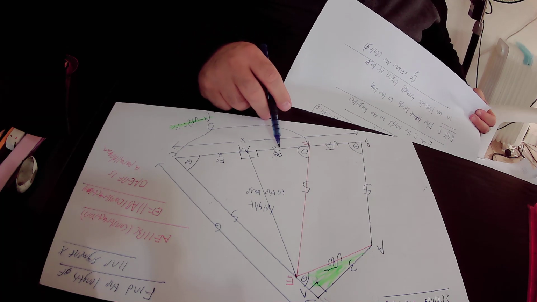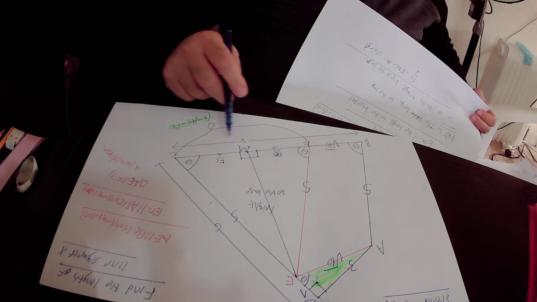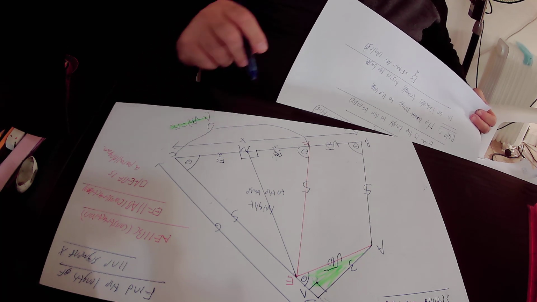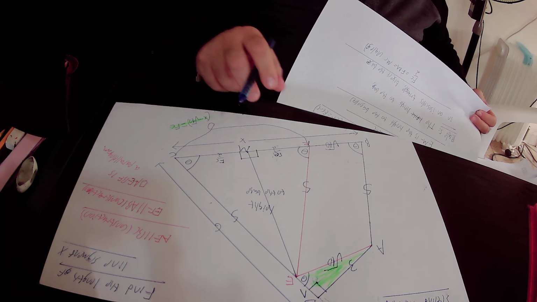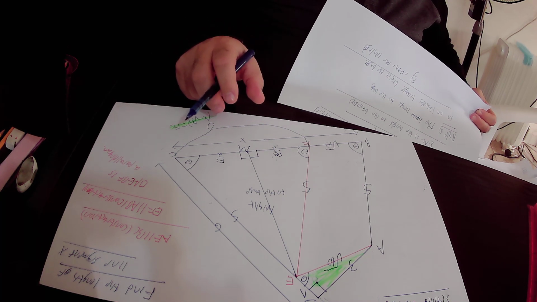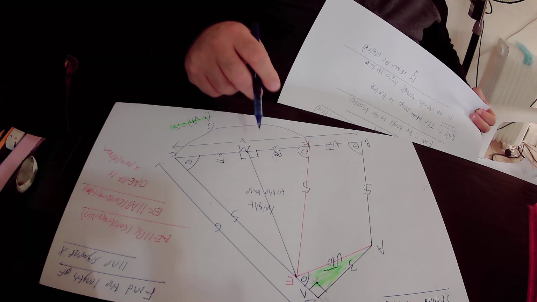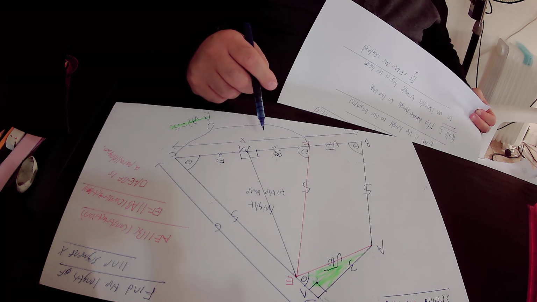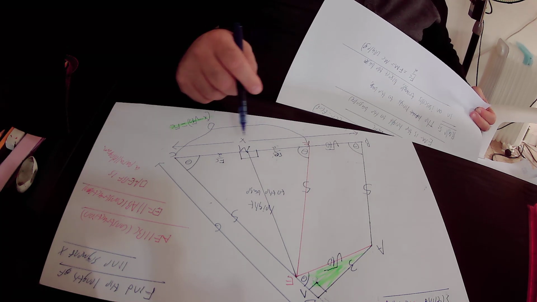This part FM will be equal to FC over 2, and MC will also be equal to FC over 2. Those 2 parts are equal to each other because the height EM bisects the base. That means that FM equals MC.